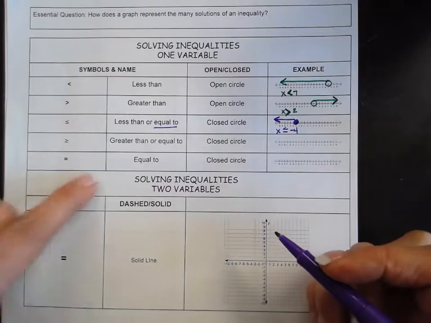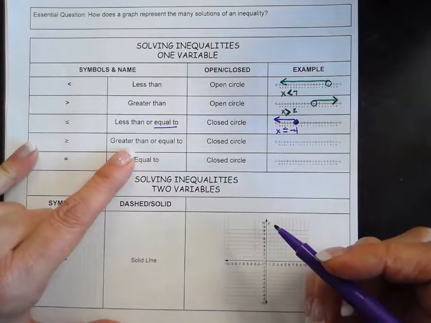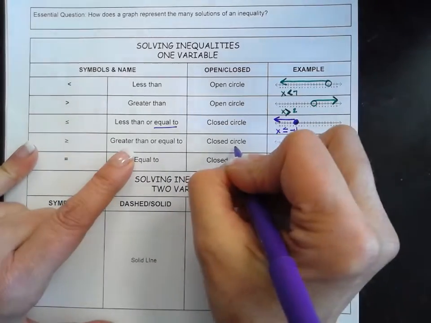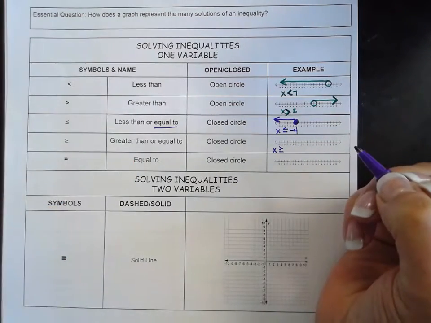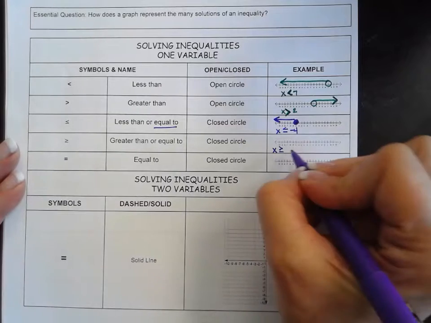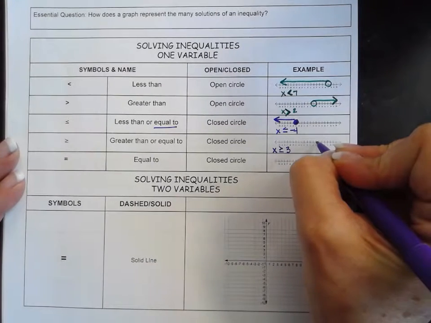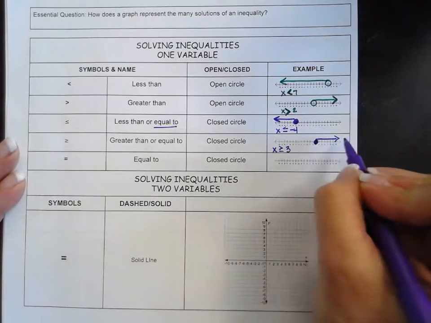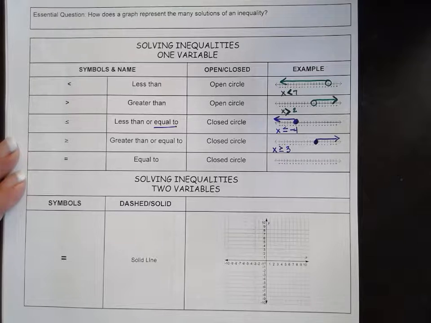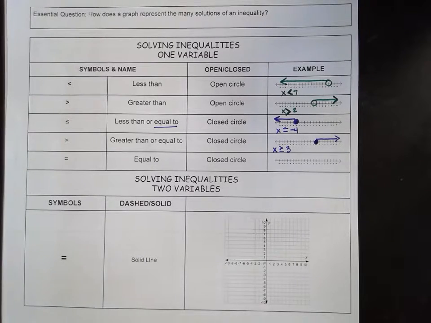Okay. If it's greater than or equal to, it's again a closed circle, and so x is greater than or equal to, give me a number. 3. And so again, closed circle, and the line represents all the numbers greater than 3. So I have multiple solutions, right?